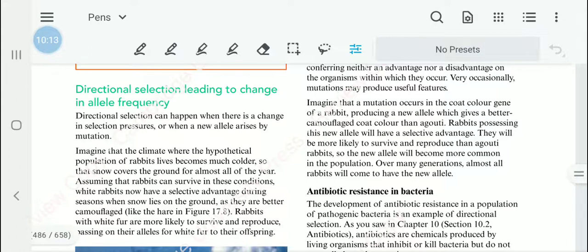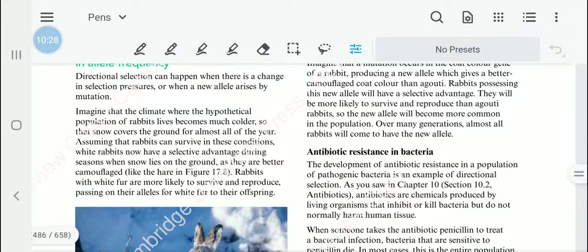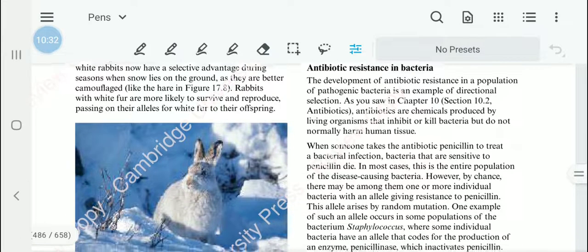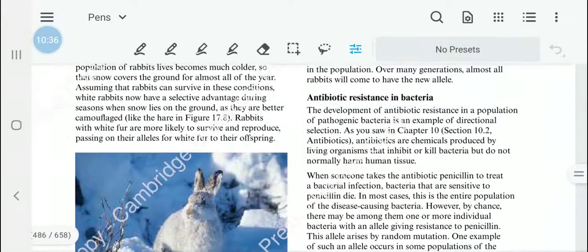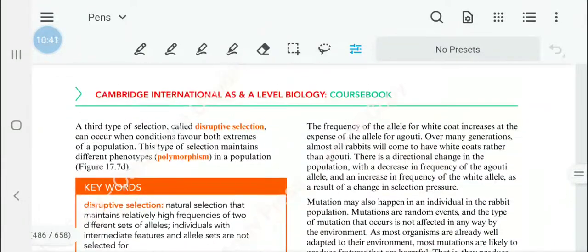So the brown rabbits have lost their advantage, because the rabbits with white fur would not be easily seen. They are more likely to survive and reproduce, and as a result, white fur will be passed on to the next generation, their offspring, and they will become dominant over the brown rabbits.